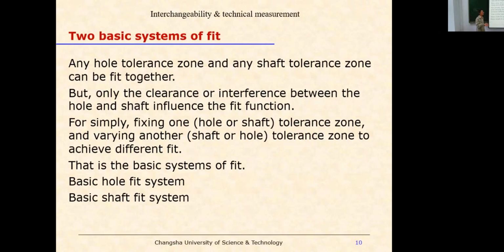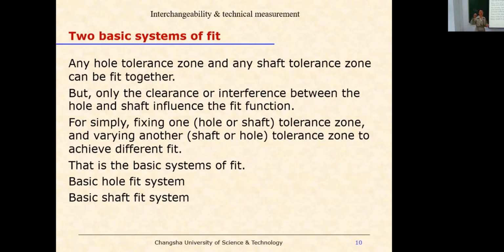So if you design the part or workpiece, you decide what function you need, then you design the clearance fit or the interference fit, and then you design the tolerance, right? For simplicity, fix one tolerance zone and vary the other tolerance zone to achieve different fits.